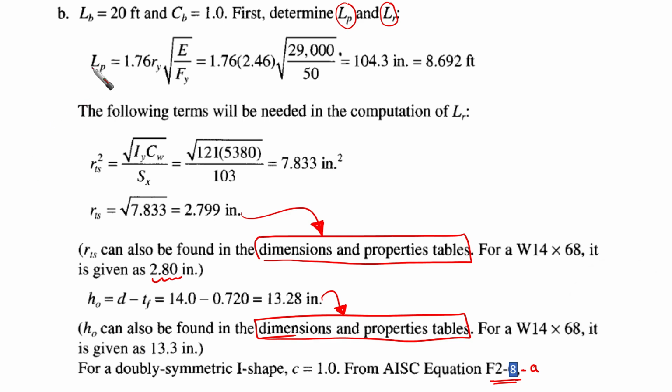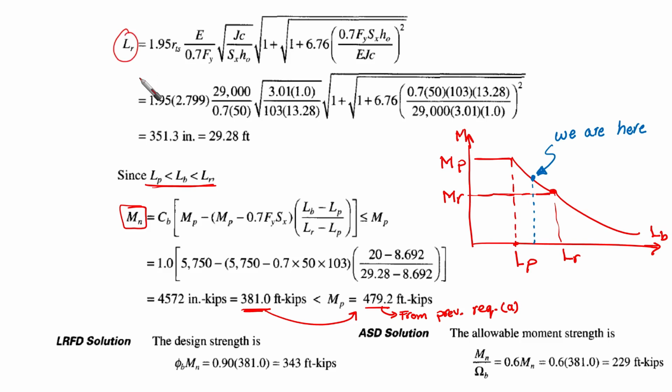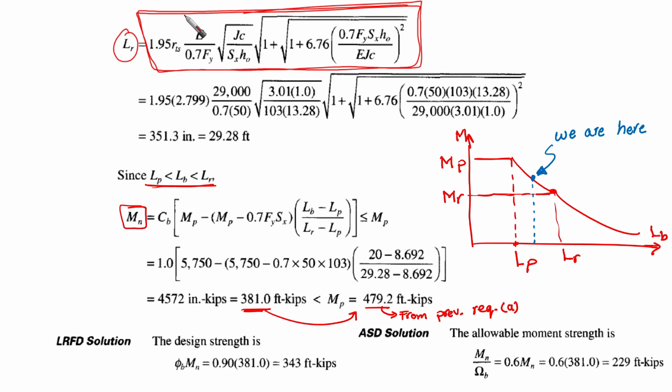So L_p is going to be 1.76 r_y times the square root of E over F_y. Everything is given, even r_y. The radius of gyration we can obtain from the table, giving 8.6 feet. And for L_r, it is this fantastic equation. So you need to stop the video and check every point here.